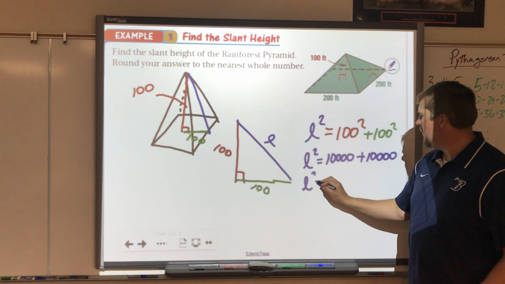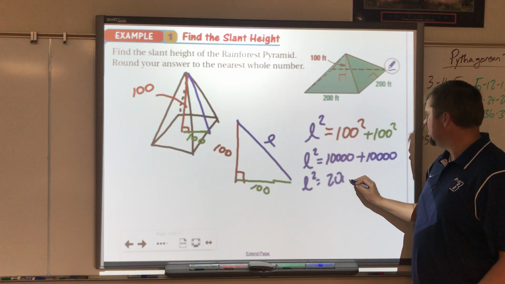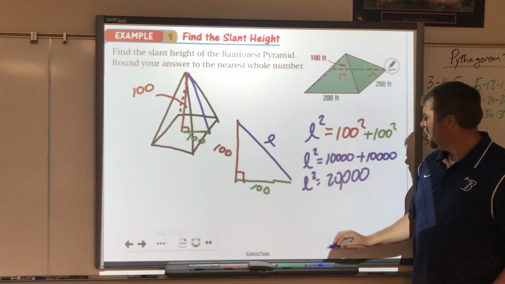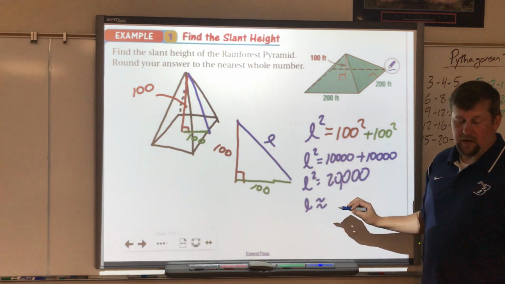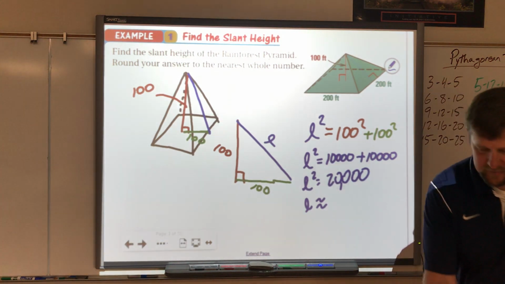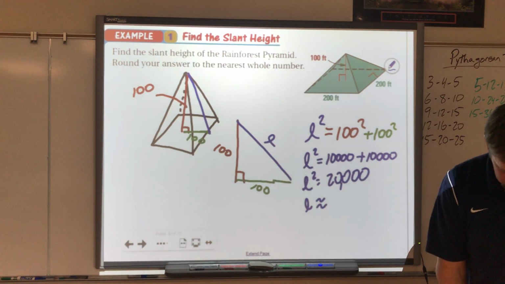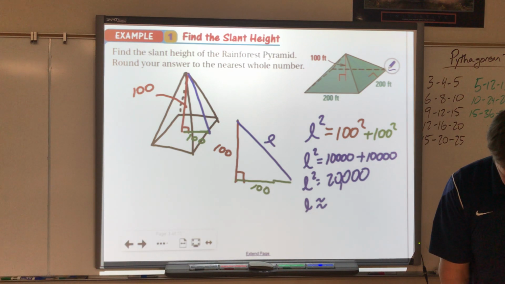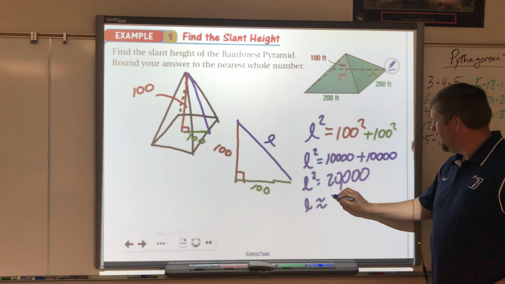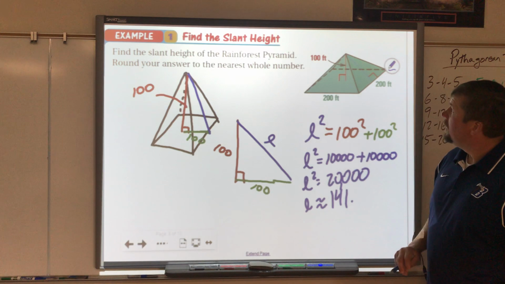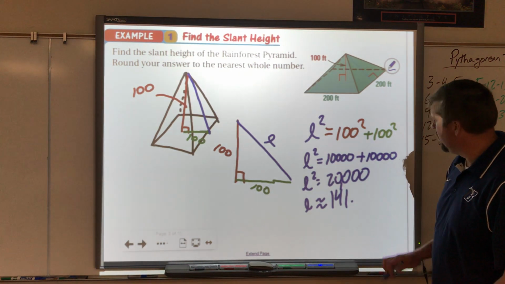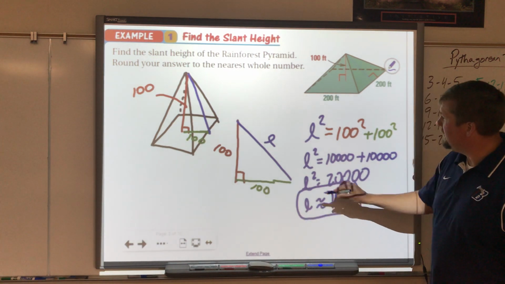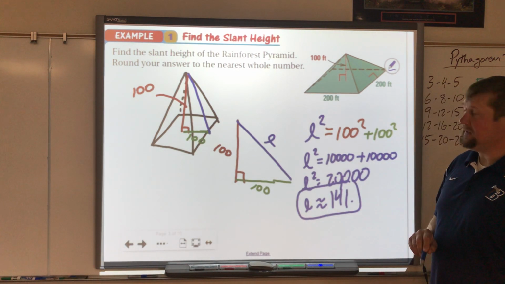And so L squared is equal to 20,000. Or L is approximately the square root of 20,000, which is, let me do that quick, 141.42, but rounded to a whole number is 141. So the slant height is 141 feet.